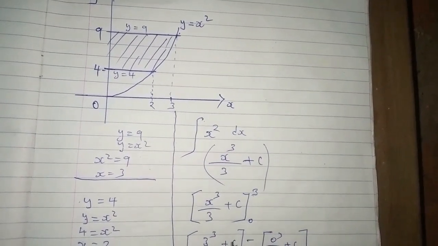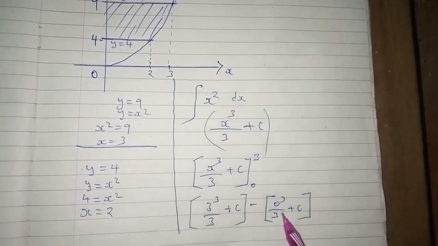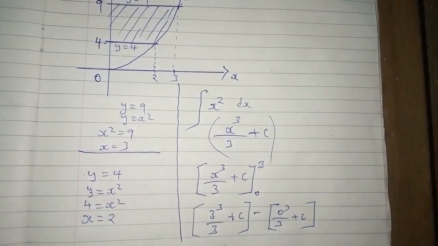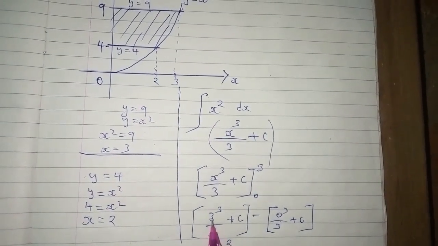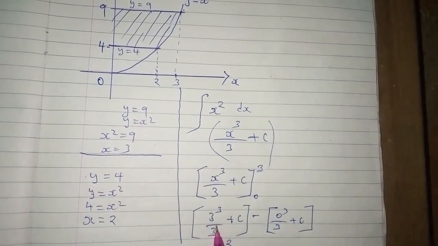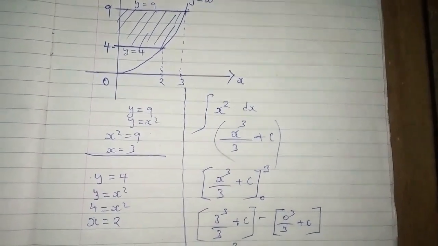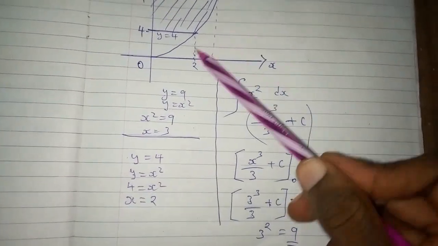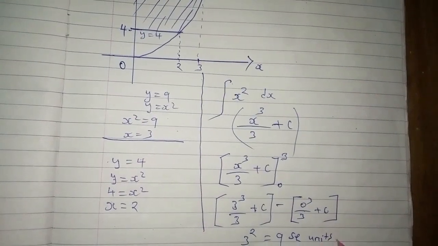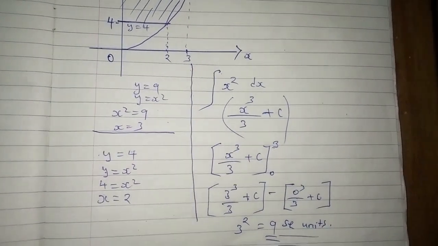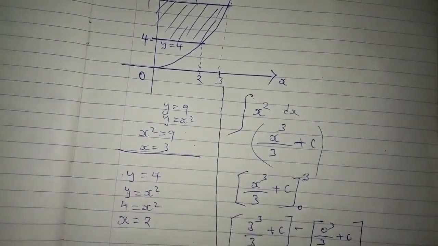So the c and c are going to cancel out, and we remain with 3 raised to power 3 divided by 3 raised to power 1. We subtract the powers, and we remain with 3 squared. So we have 9. Therefore, the area under the curve is 9 square units. So we are done with the area under the curve from 0 to 3.